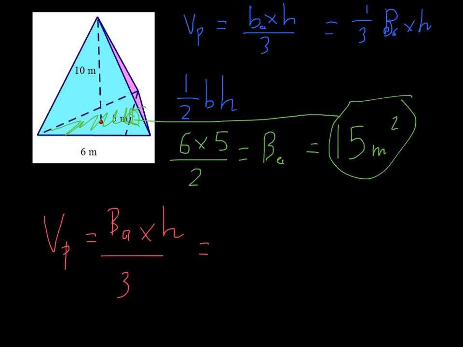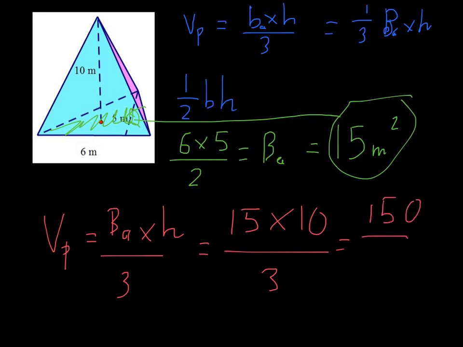So our base area was 15 multiplied by our height, which is 10, all divided by 3. That is going to be equal to 150 divided by 3, which is going to give us the answer of 50 meters cubed.